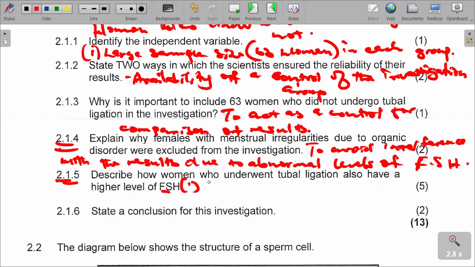It actually affects the normal hormonal regulation.